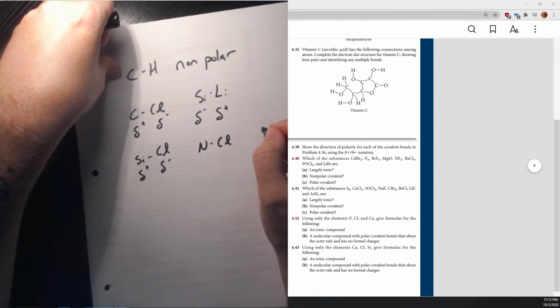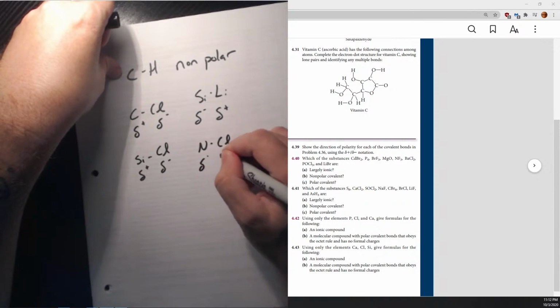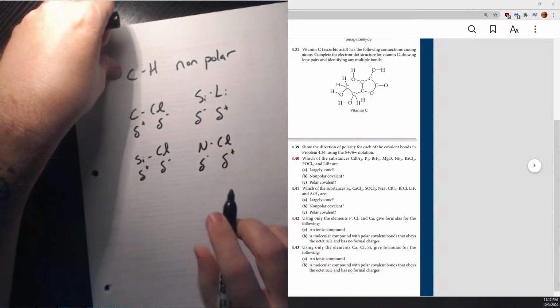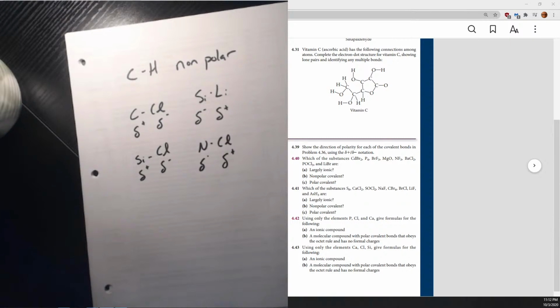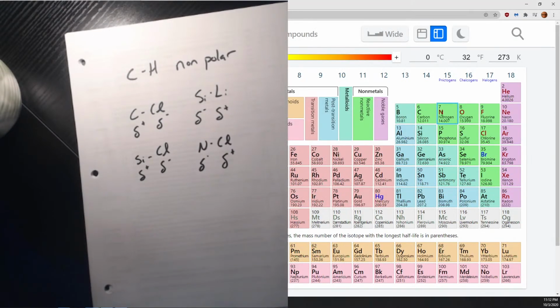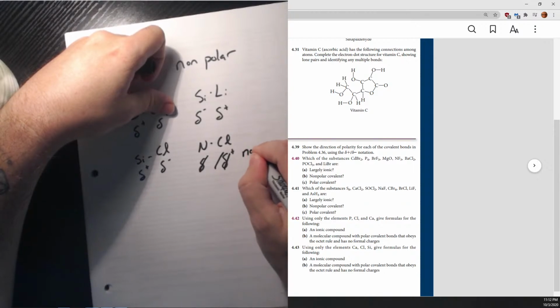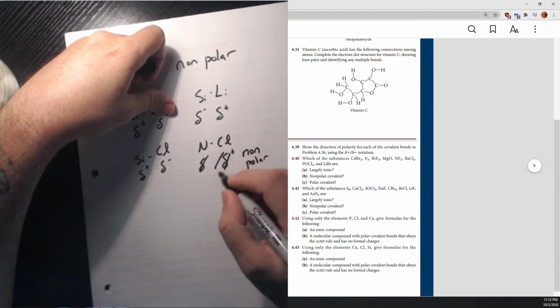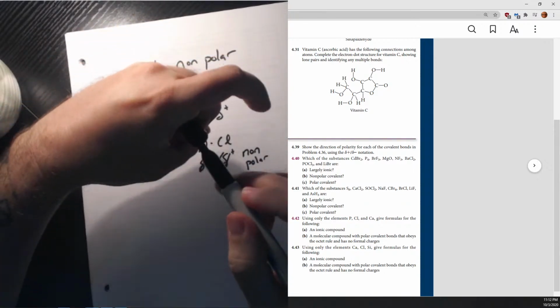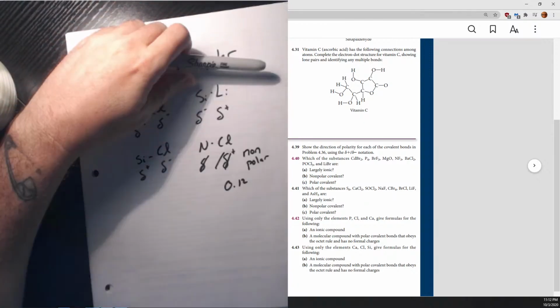I'm going to say that nitrogen is more electronegative than chlorine. I might be wrong about that. So let's see. Nitrogen, 3.04. Chlorine, 3.16. Oh, I was wrong. But so close that I'd call it nonpolar, because it's a difference of 0.12, and between 0 and 0.4 is when it would be nonpolar.